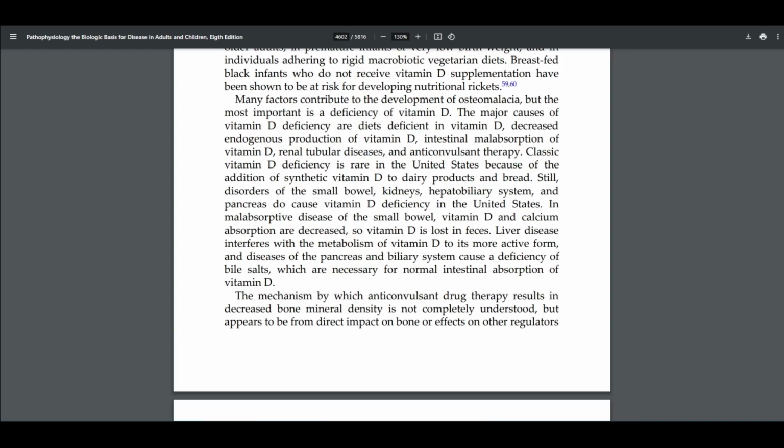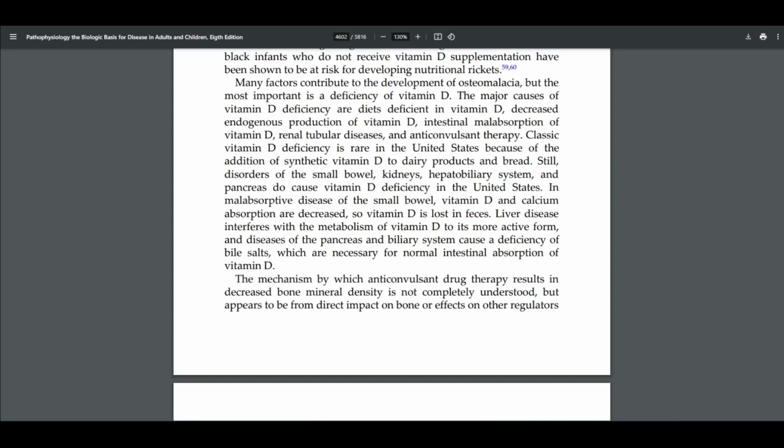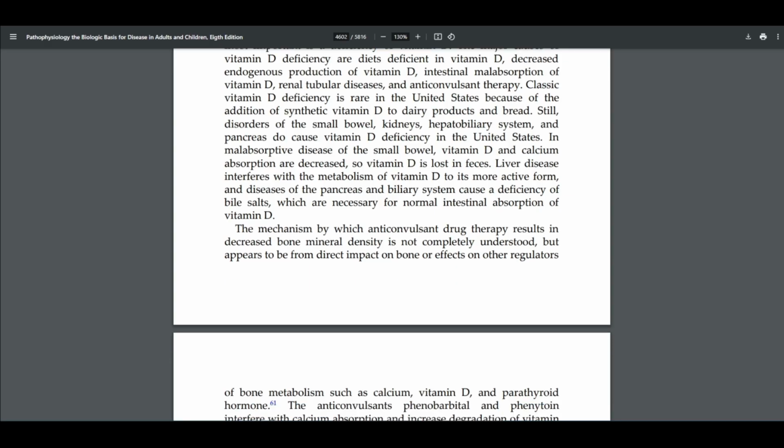In malabsorptive disease of the small bowel, vitamin D and calcium absorption are decreased, so vitamin D is lost in feces. Liver disease interferes with the metabolism of vitamin D to its more active form, and diseases of the pancreas and biliary system cause a deficiency of bile salts, which are necessary for normal intestinal absorption of vitamin D.